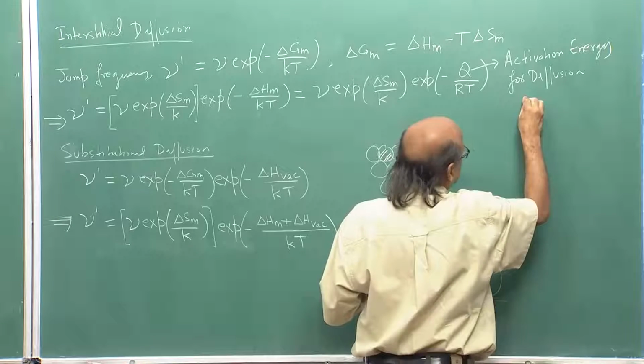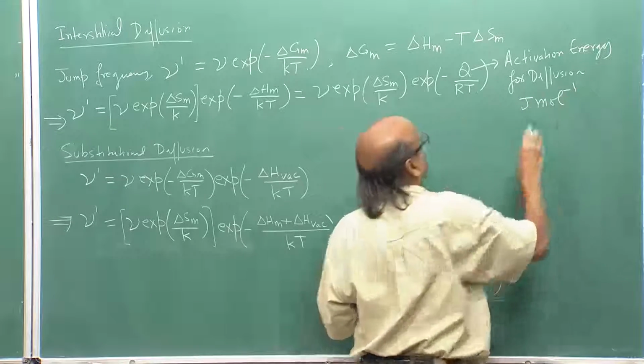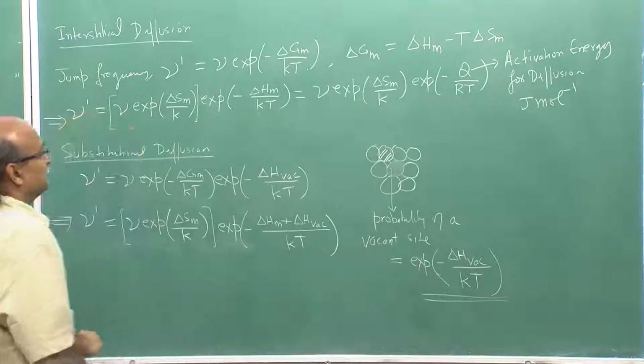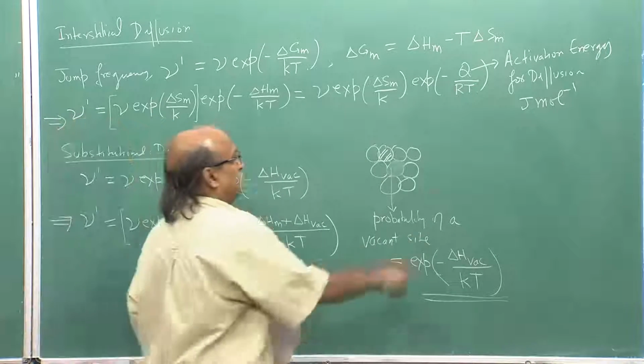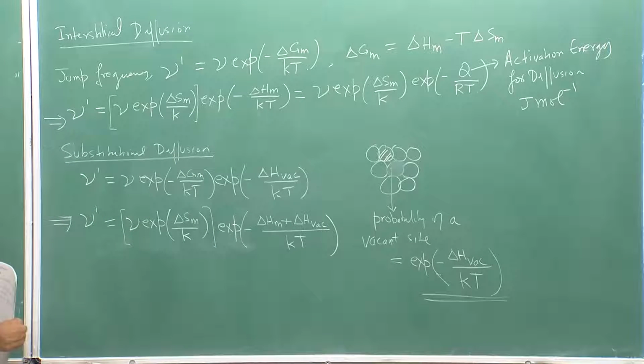In terms of the typical units it can be joules per mole, and R is the gas constant instead of the Boltzmann constant.